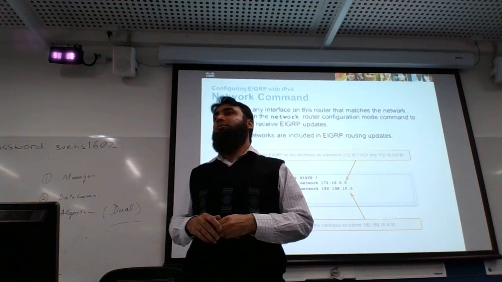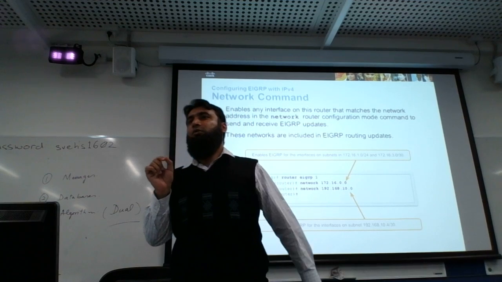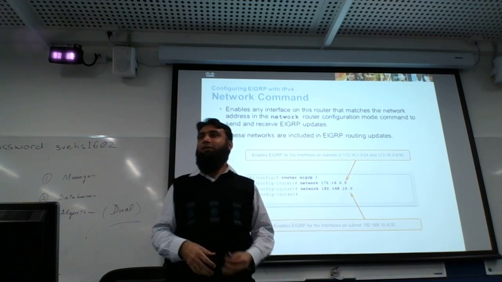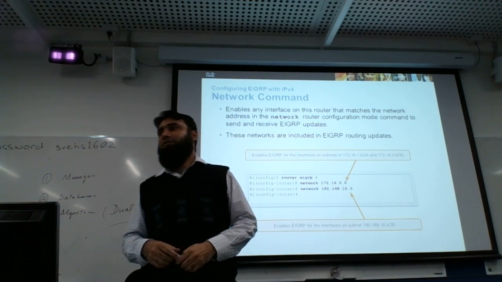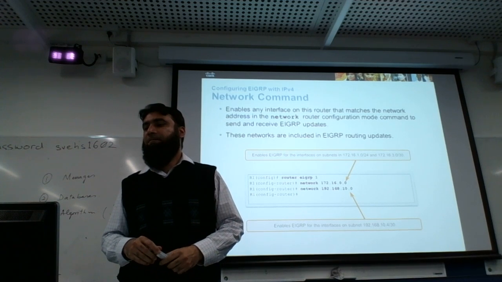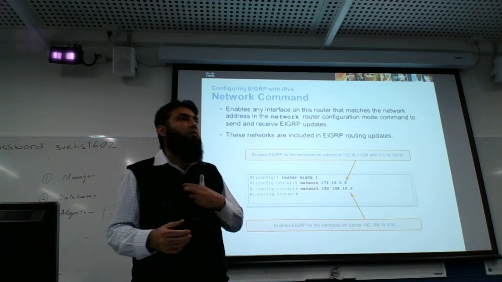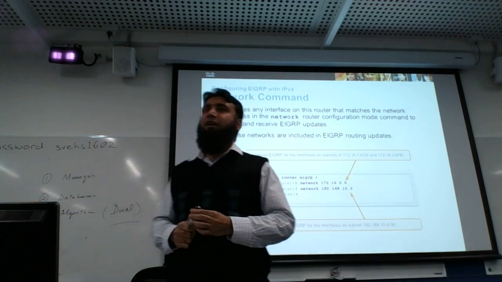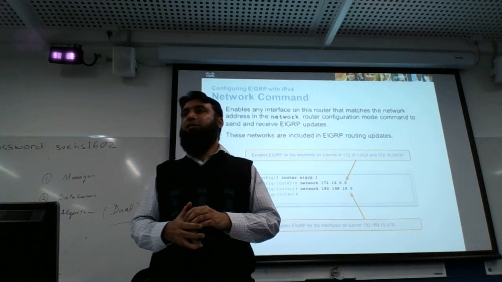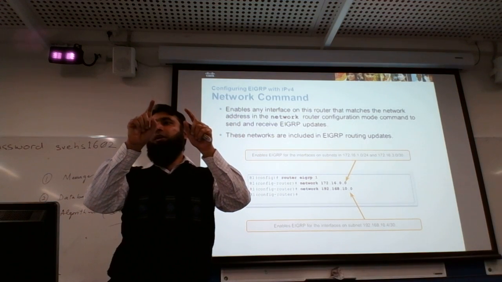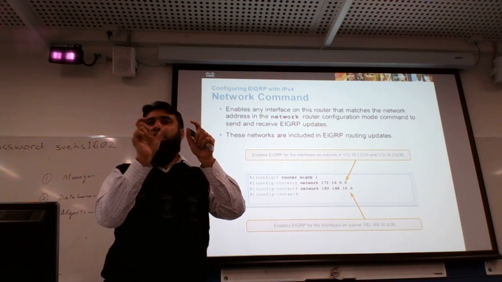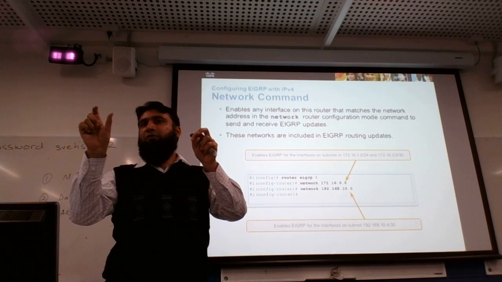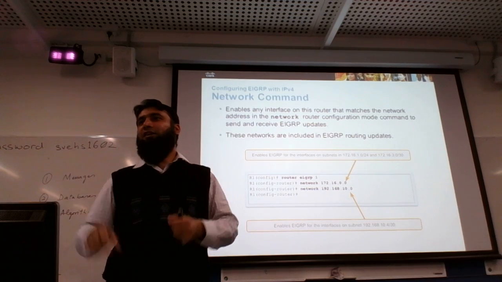So its wildcard mask will become 0.0.0.255. Alright, so this is the simple way to configure our EIGRP. Router EIGRP, autonomous system number, and then network commands, network, and then wildcard mask.